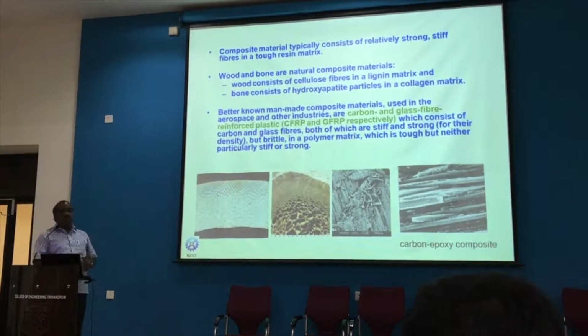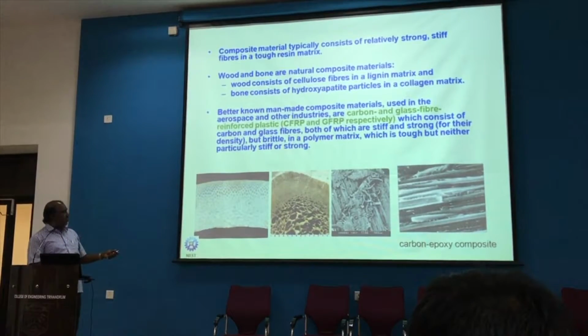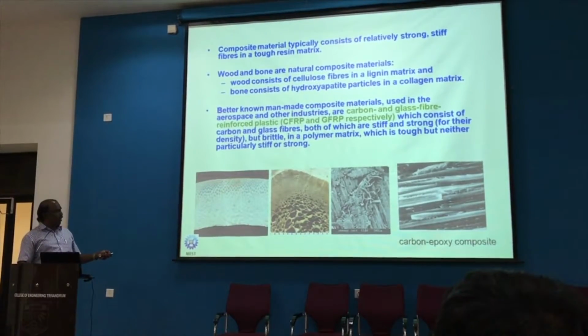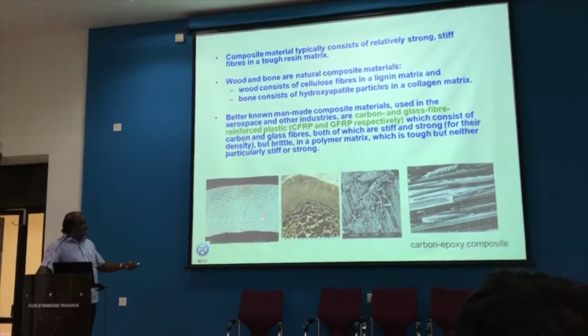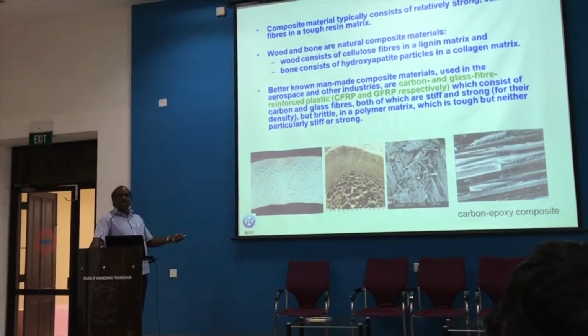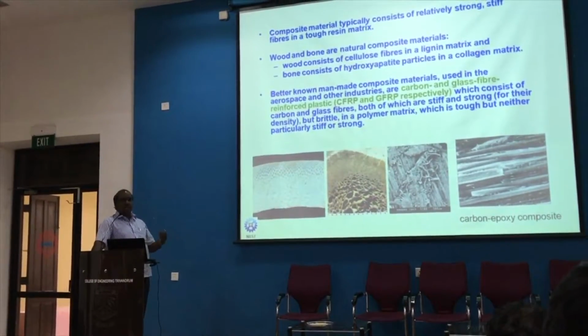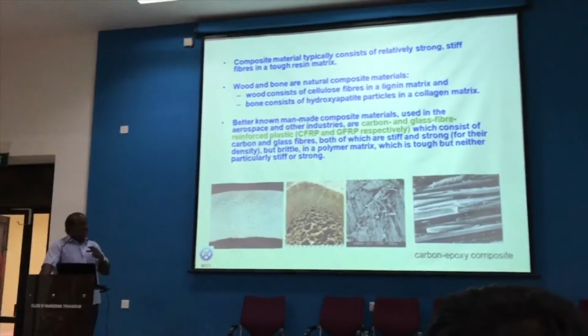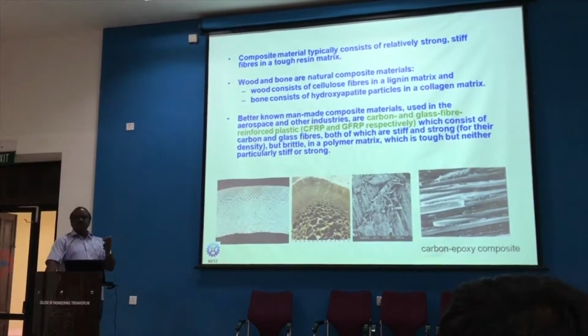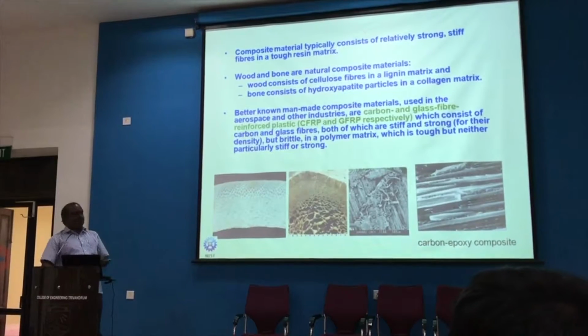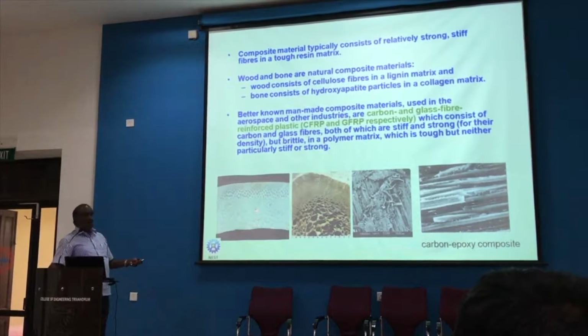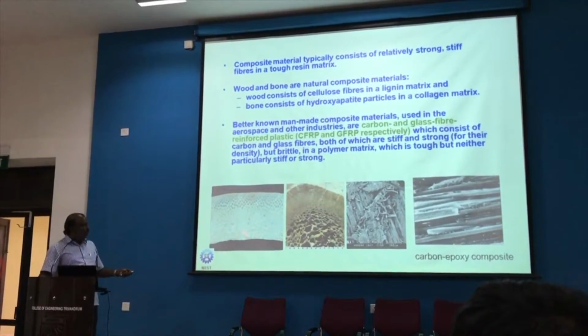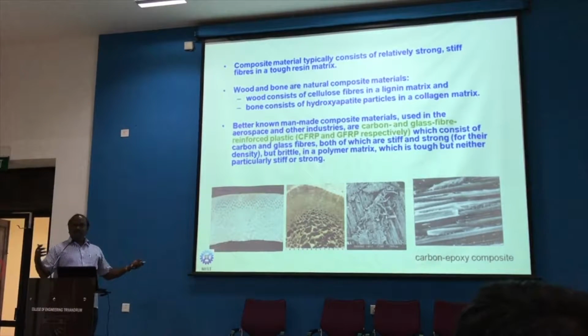So we use bamboo and wood for various structural applications, or even construction, from old days. The inner core is a soft tissue, and this tissue is used mainly for transporting minerals, water, and other materials required for the growth of the tree. So the inner has a function for the growth of the tree, and the outer acts as a structural material.